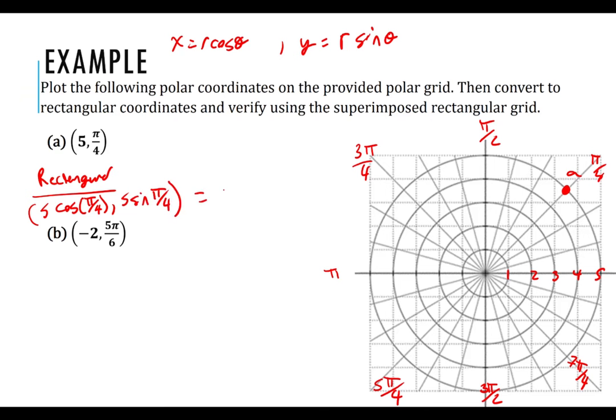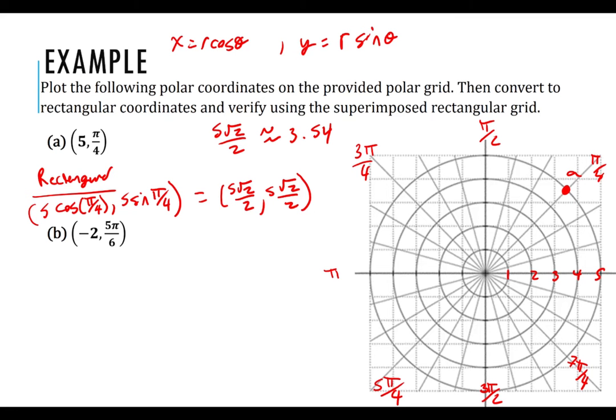And then of course this becomes 5 root 2 over 2, 5 root 2 over 2. And for the sake of approximation, 5 root 2 divided by 2 is approximately 3.54. And so if I go to 3.54, and then I go up to 3.54, that's exactly where I expect it to be, or at least pretty close, and so we're safe there.